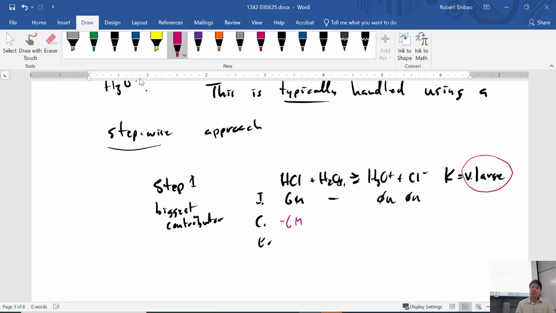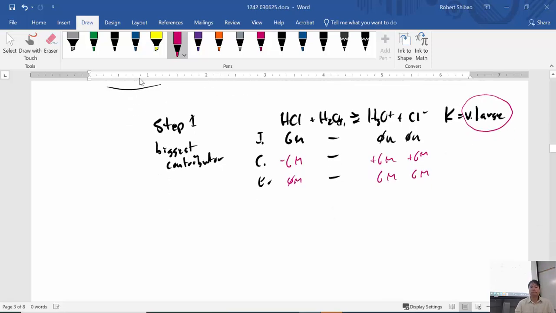If K is very large, we don't have a very large button on our calculator, and so we wouldn't be able to calculate X. We'd like to calculate X, but in order to do that, we need a number here so we can generate an equation to solve for X. After step one, we're left with 6 molar hydronium.